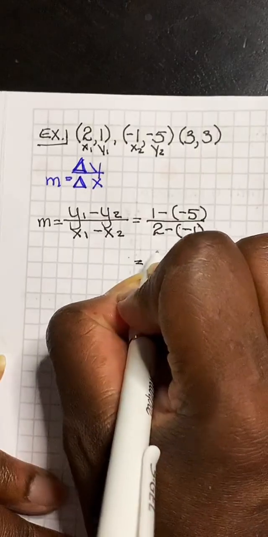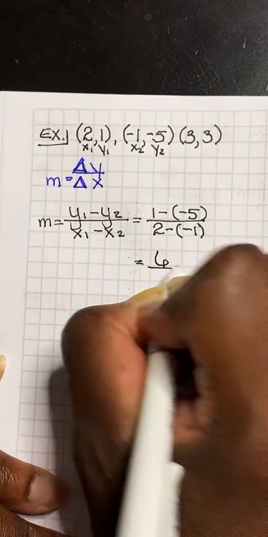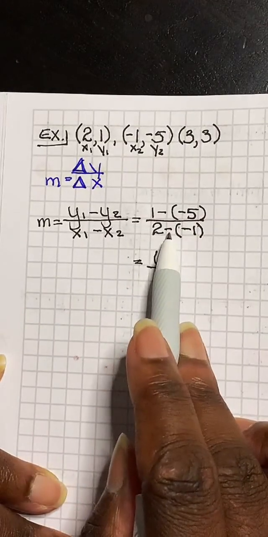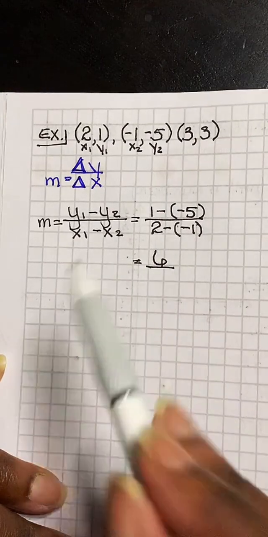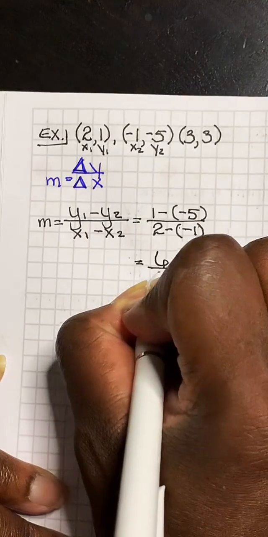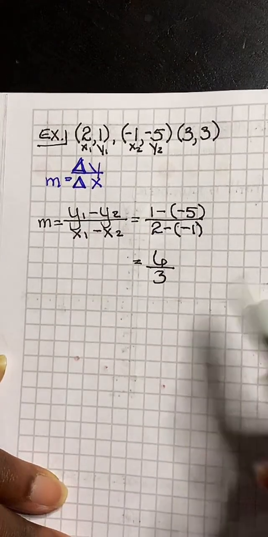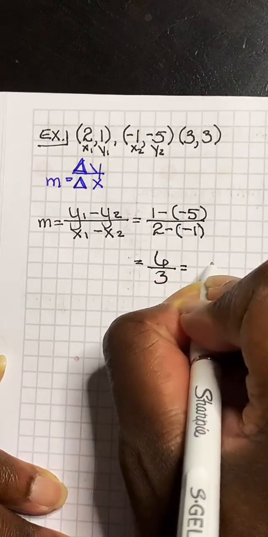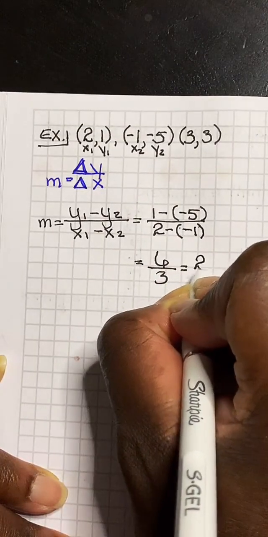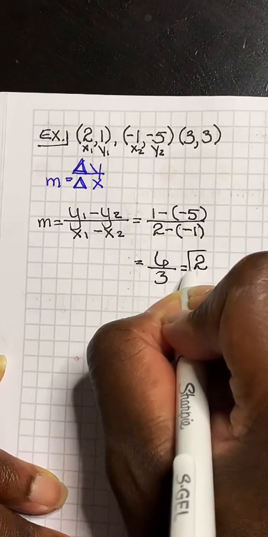So that means we have 6 over 2 minus a negative 1. That's really 2 plus 1. So that gives me 3. And 6/3 can be reduced to give me a whole number of 2, or you can have it set 2 over 1.